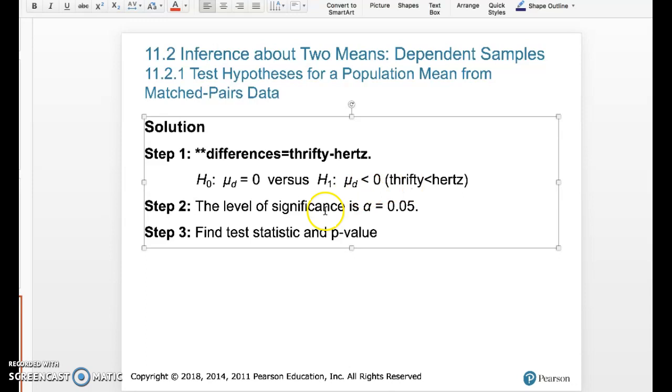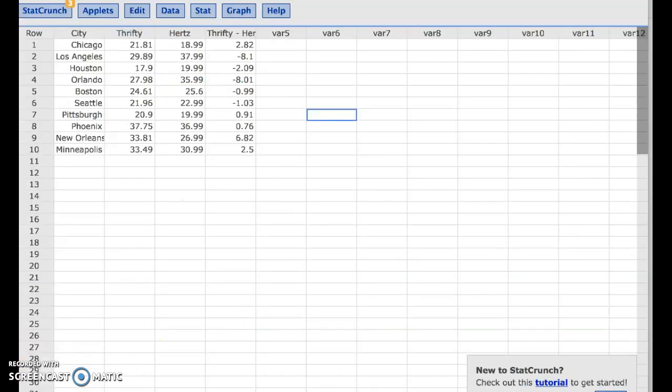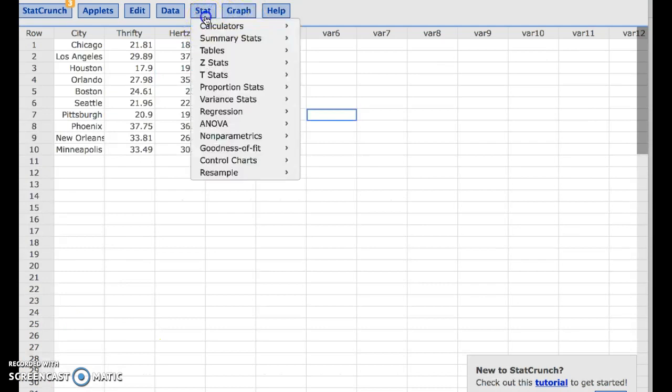Then we have our level of significance of, forgot to change this, actually 0.10, 0.1 in this case, and we're ready to find our test statistic and p-value. We know our conditions check, and we can go in and ask StatCrunch. Go to your t-stats and your paired.